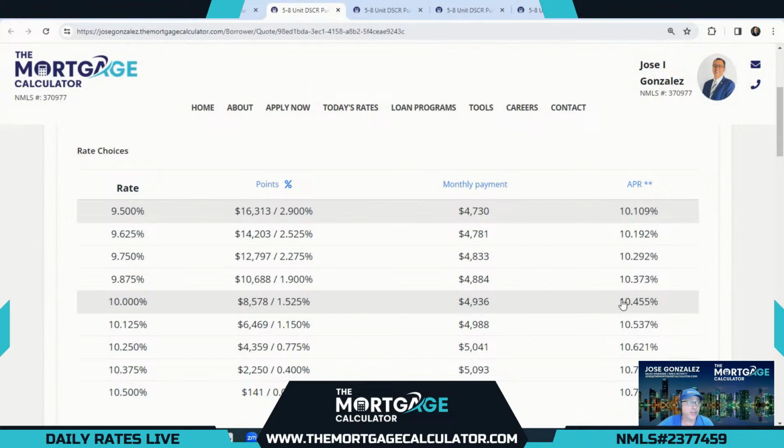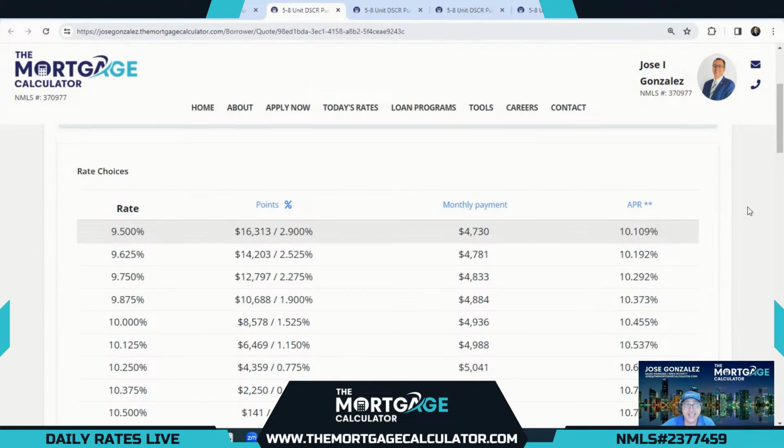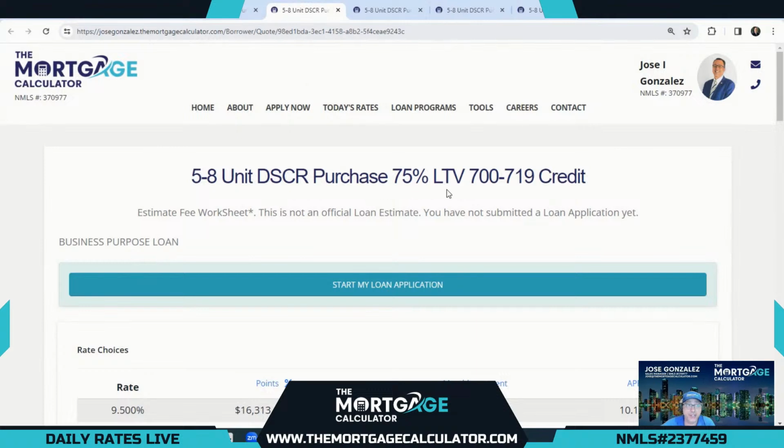Lowest rate option is 9.5. So interest rate at the lowest cost option went up by 0.5% due to the lower credit score, but the LTV, very importantly, remained at 75%, as you can see right here.